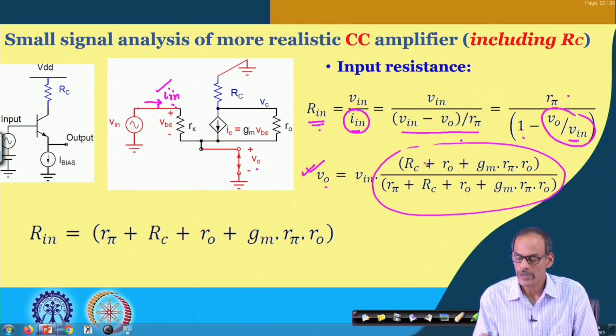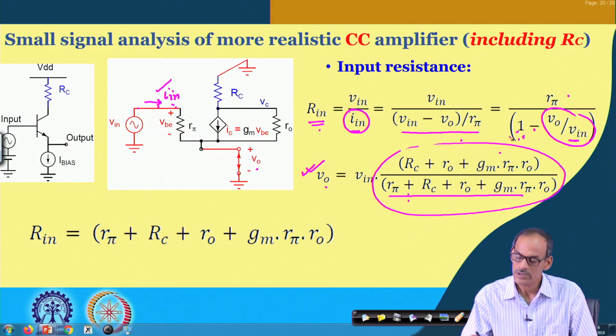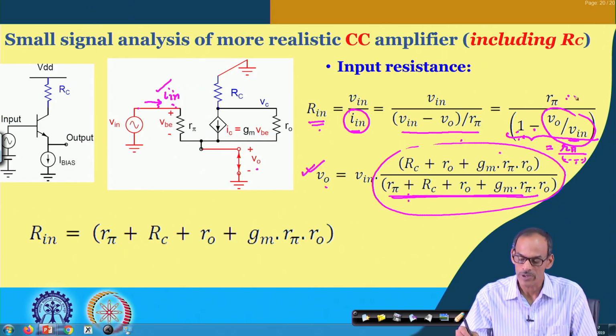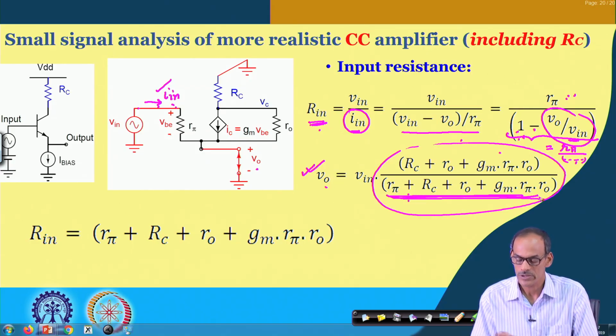So, if I make 1 minus this part, in the denominator we will be getting R pi, and then below that we will be having this whole thing. So, this whole factor 1 minus V O divided by V in is becoming R pi divided by the whole thing here, and this R pi and this R pi are getting cancelled, we can take this in the numerator. As a result, input resistance we can get is this only.